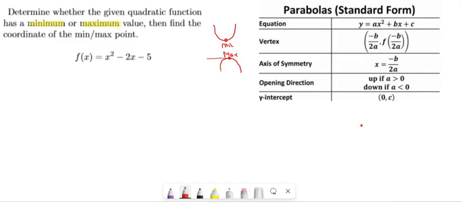And the maximum, remember, is on the y-axis, not the x-axis. The direction is given by the leading coefficient, and in this case it is 1.